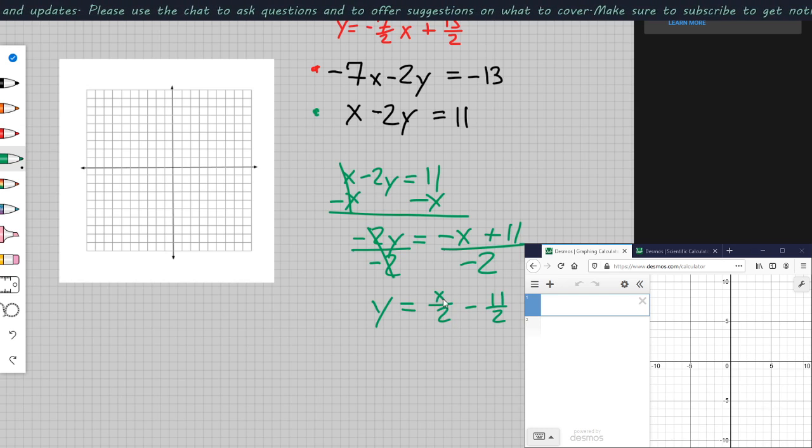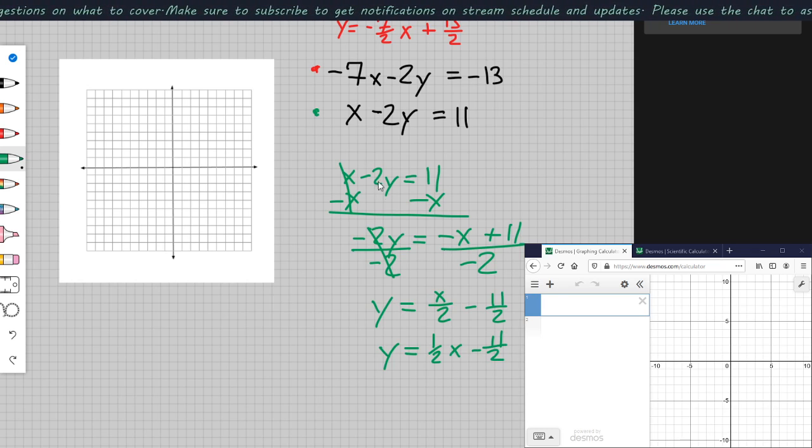However, how you would really see this, and I'm going to write that underneath, is y equals 1/2 x, because if you divide by 2, that's like multiplying by 1/2. If you were to cut something in half, you're dividing it by 2, right? So it gives the coefficient 1/2, and then minus 11 over 2.